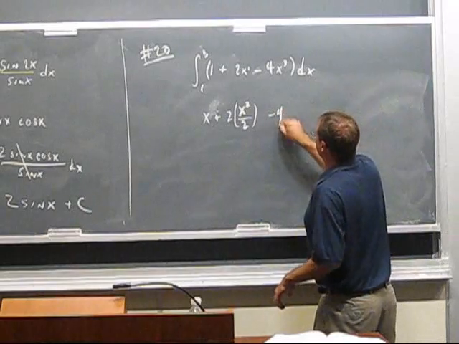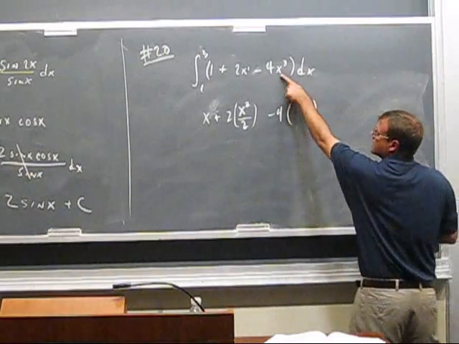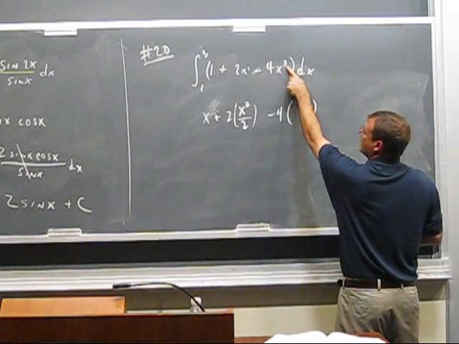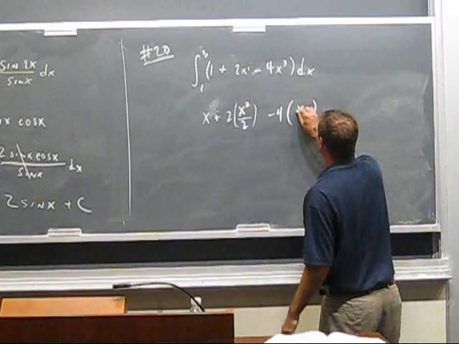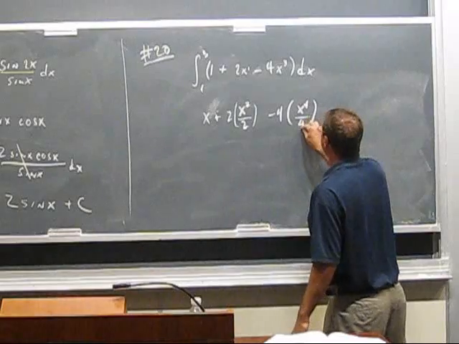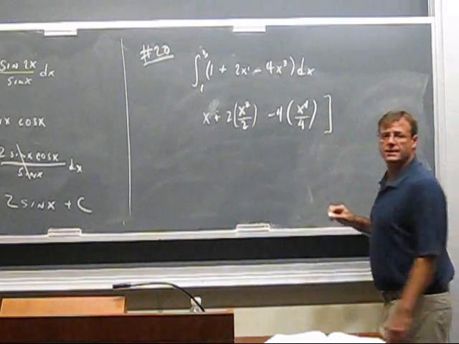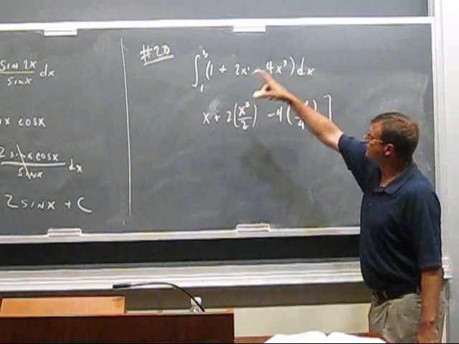Over here, I'll carry the minus 4, and then let's get the antiderivative of x cubed. I add 1 to the 3, it gives me x to the 4th, and then I divide by that 4. I'm going to evaluate all this from the bounds 1 to 3.